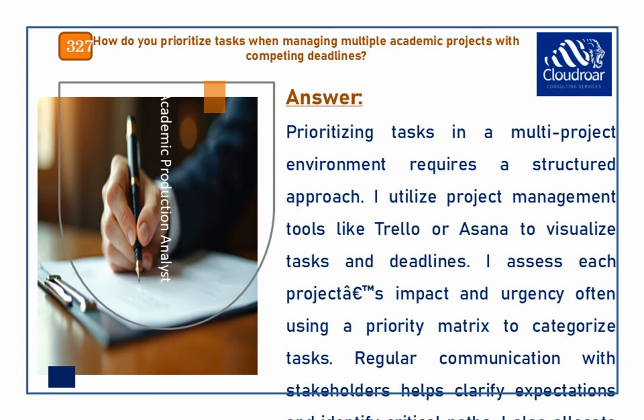I assess each project's impact and urgency, often using a priority matrix to categorize tasks. Regular communication with stakeholders helps clarify expectations and identify critical paths. I also allocate time for deep work on high-priority tasks while leaving room for unexpected issues. This strategy ensures that I meet deadlines without sacrificing quality.